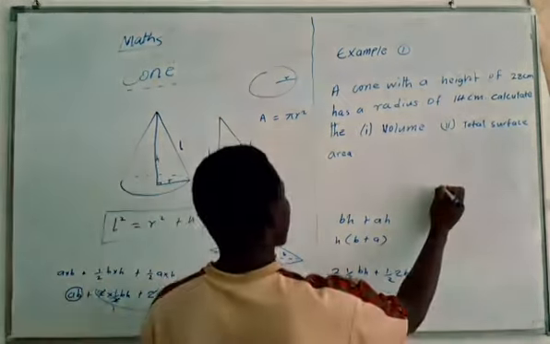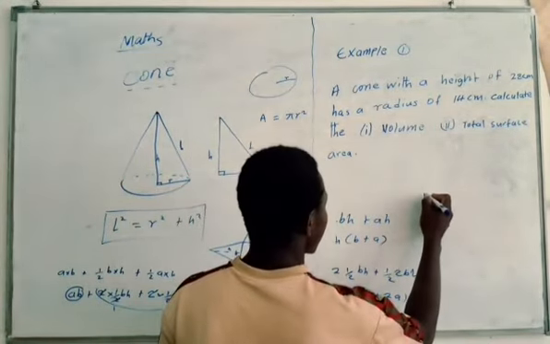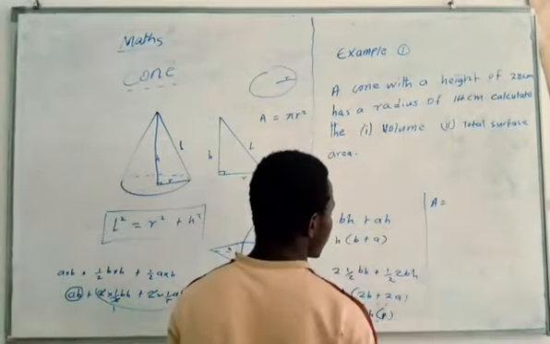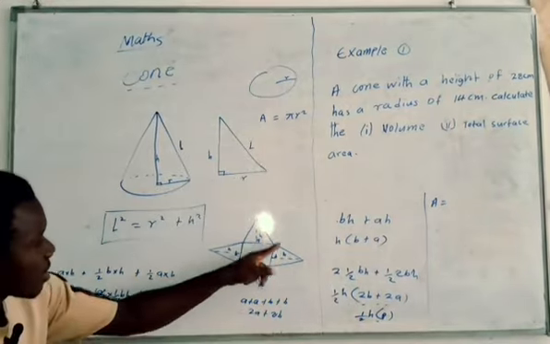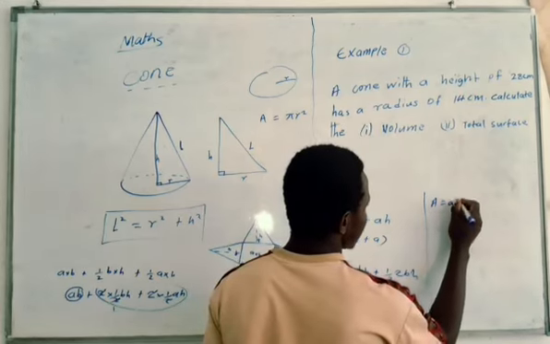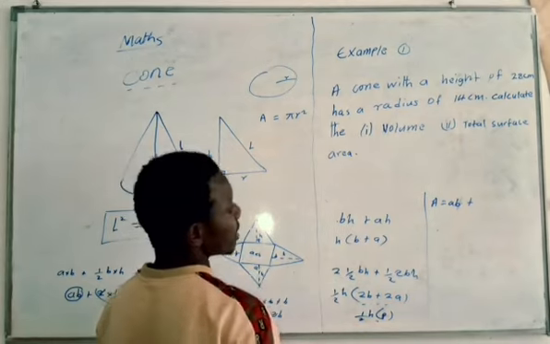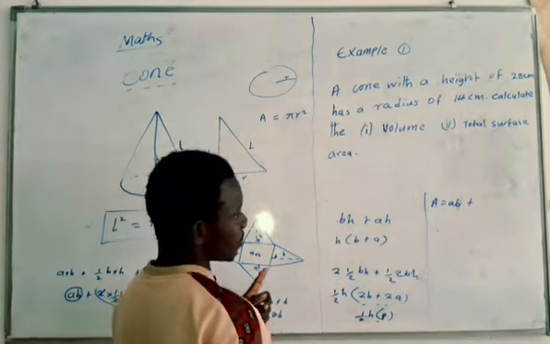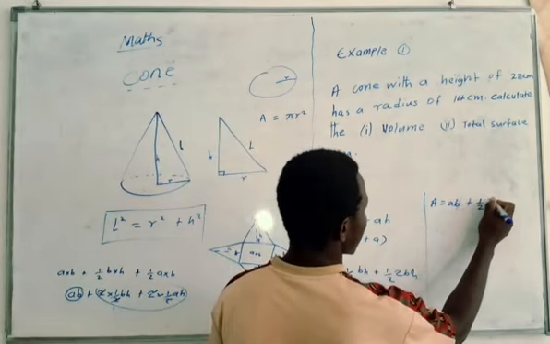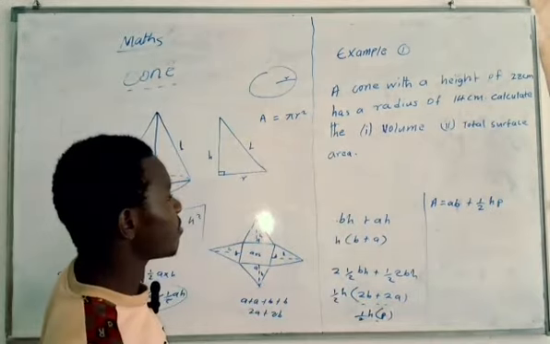So to find the area of this pyramid, sorry, don't forget, we have the area of the base first, which is AB, plus the area of these four triangles. So that will give us half H and then P. So with this one, we can derive the formula of this.